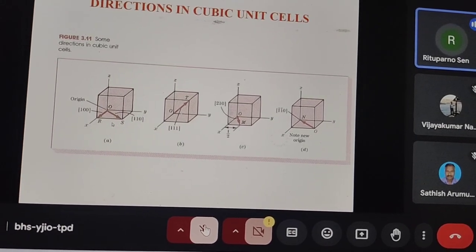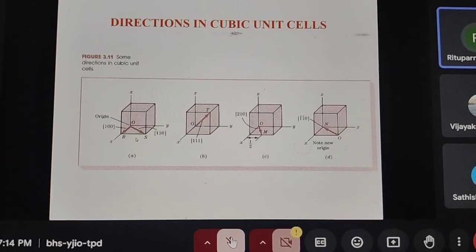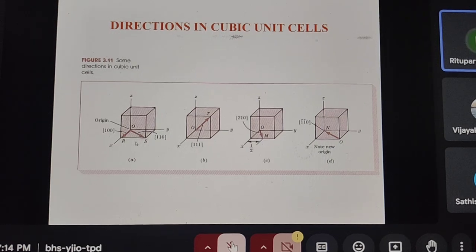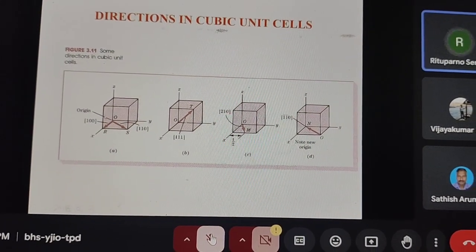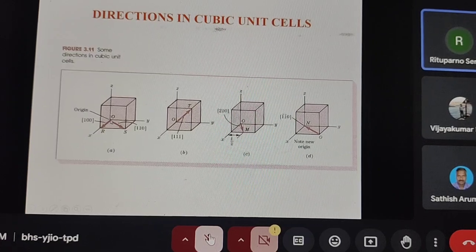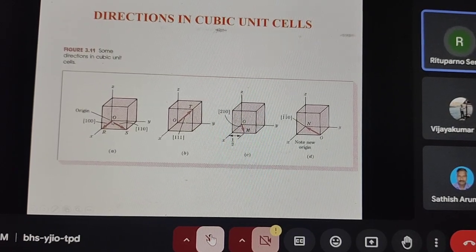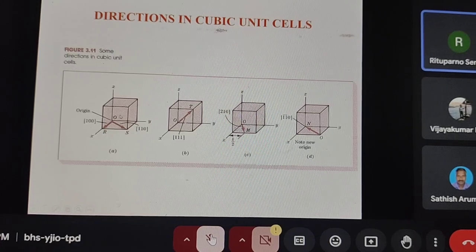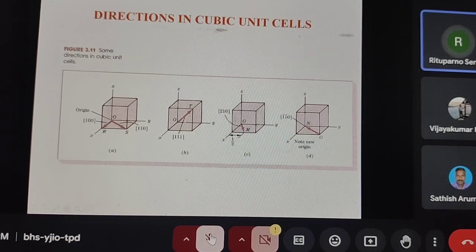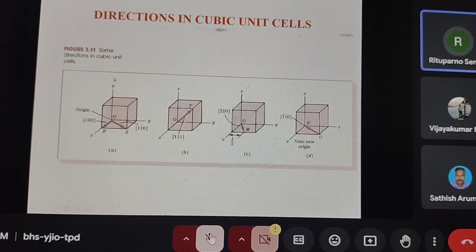So other than the hexagonal close packed one, the other two are cubic lattices. So this is one cube. If you take this point as the midpoint of this cube, then there are three directions: this is the x direction, this is the y direction, this is the z direction.